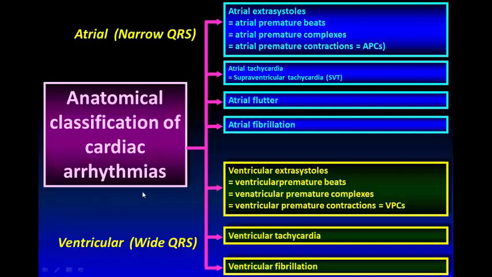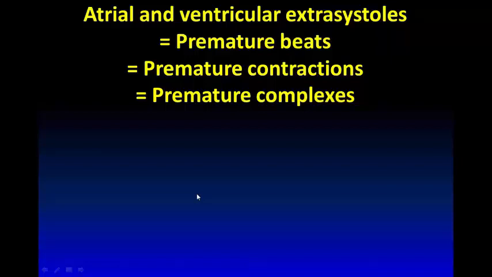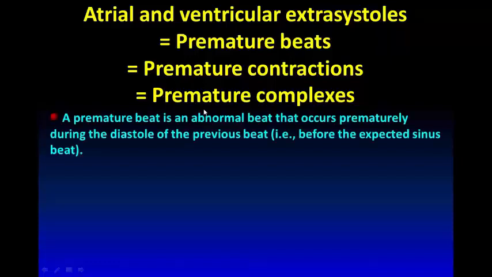Now let's describe these arrhythmias very briefly. Atrial and ventricular extrasystoles are also known as premature beats or premature contractions or premature complexes. A premature beat is an abnormal beat which occurs prematurely during the diastole of the previous beat.